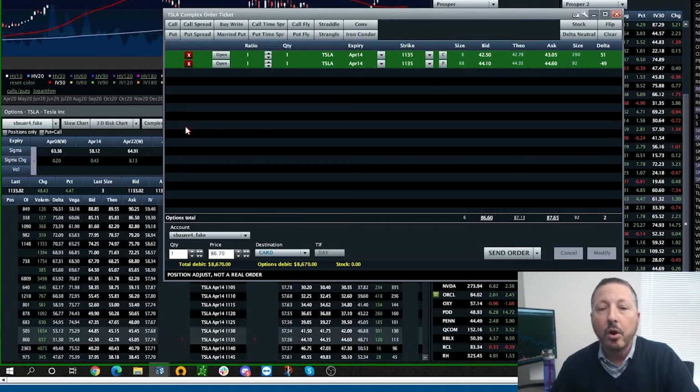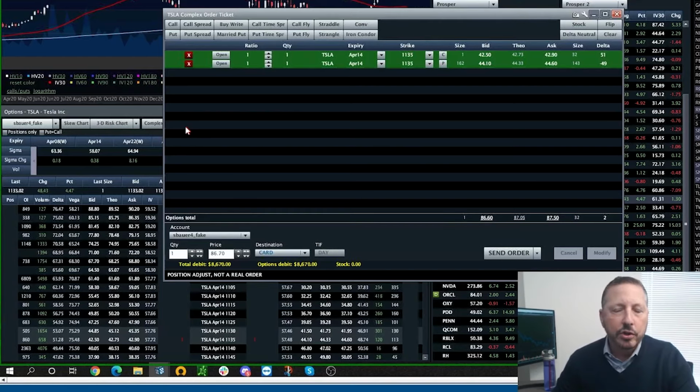We don't know what that move is going to be, but the market is telling us the size of the move with a 68% probability. Pretty good.